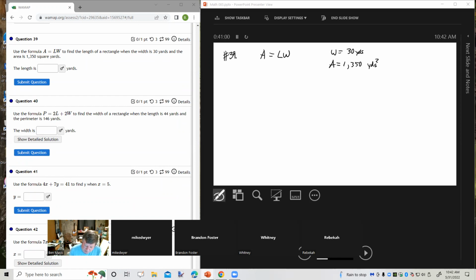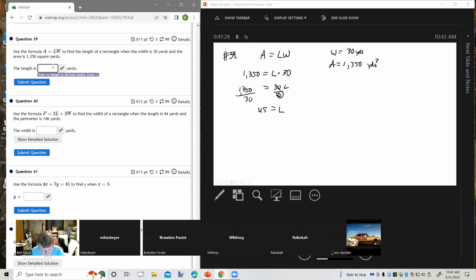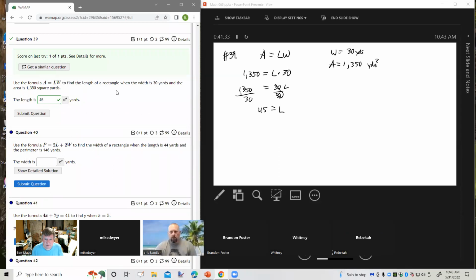So putting the values in for the variables, we have 1,350 equals L times 30. Or we could say 1,350 equals 30 times L, divide both sides by 30, and we get 1,350 divided by 30 comes out 45. So that would be 45 yards. Any questions there?